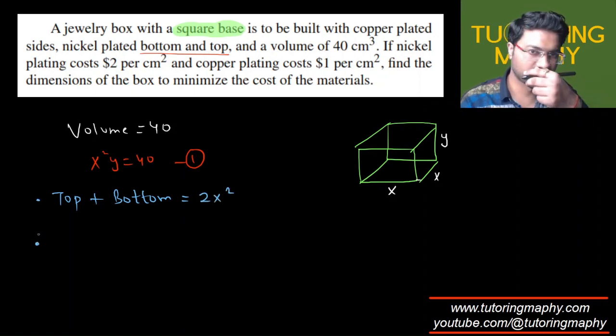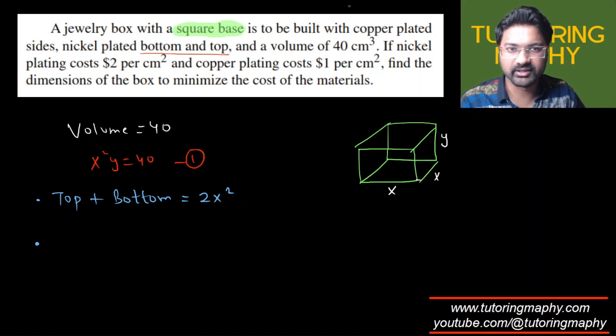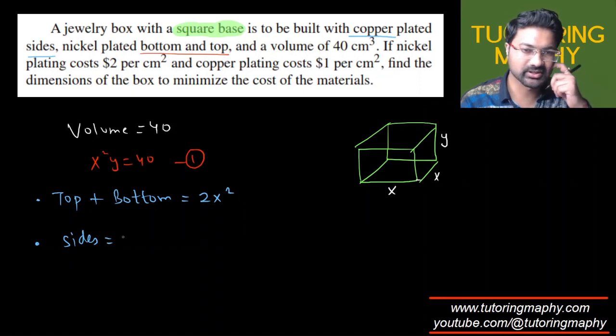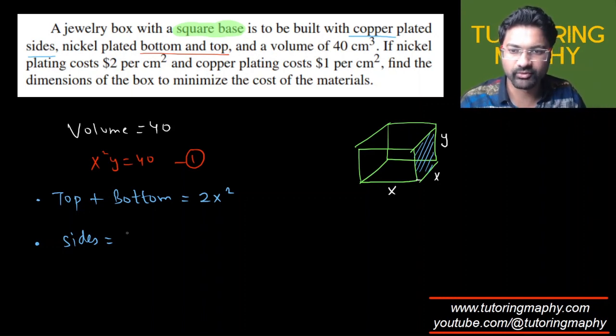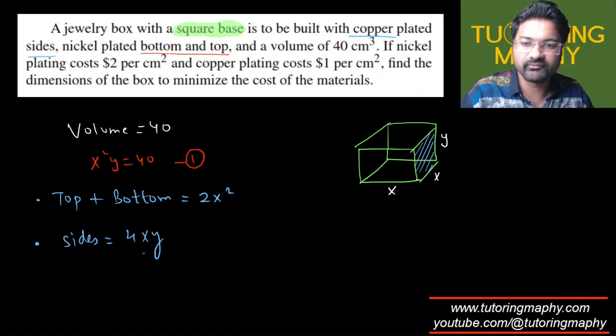Okay. And what is the area of the remaining sides? Because that's where copper is. It's just rectangles which are xy, xy, xy, xy. So it's 4xy.